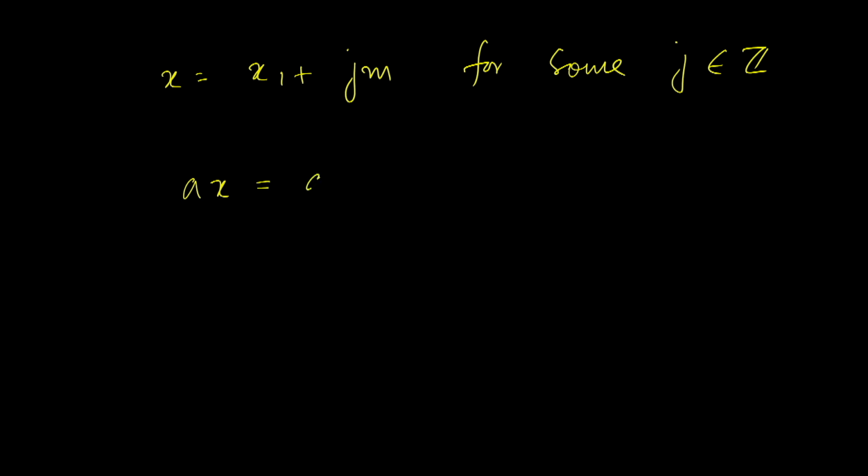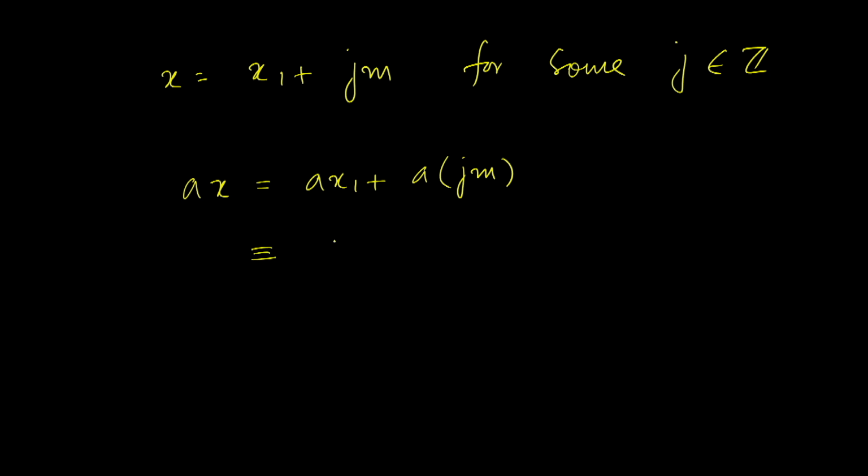Let x equal x1 plus j into m for some j which is an integer. Plugging this x in, we find that ax equals ax1 plus a into jm.